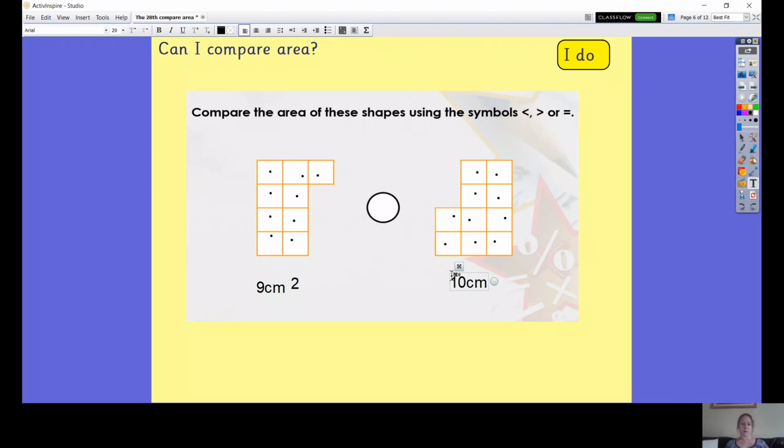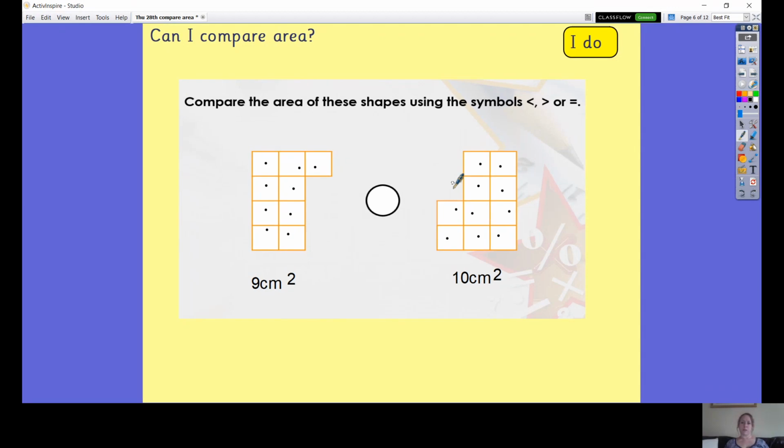So I'm doing my symbol, and I'm going to do it round that way because this is the greater one, isn't it? It's the bigger area, has the greatest area, the biggest area.